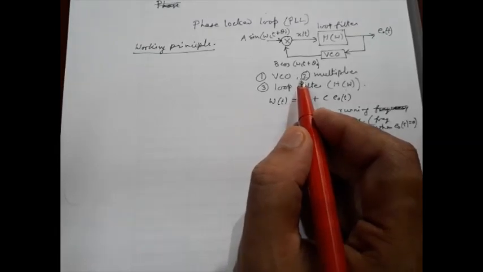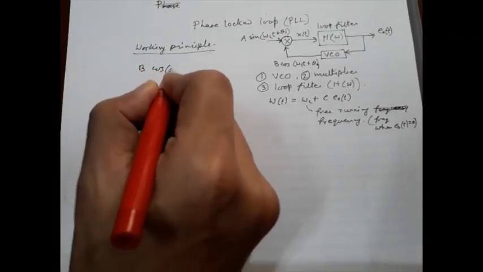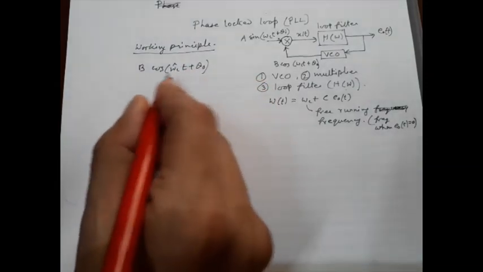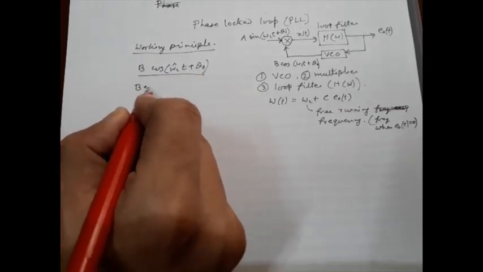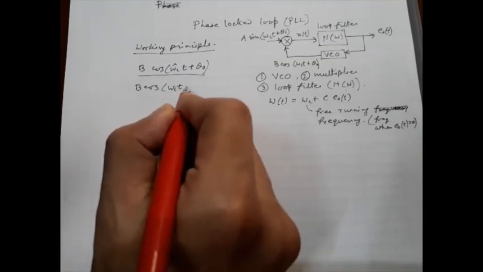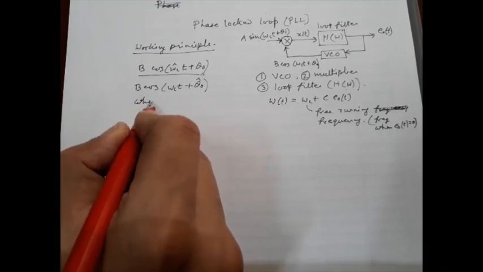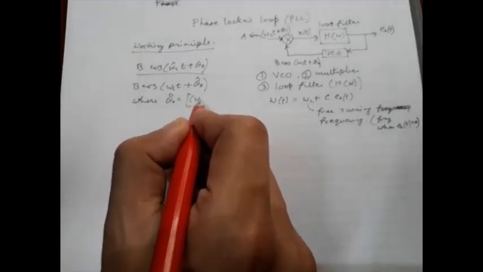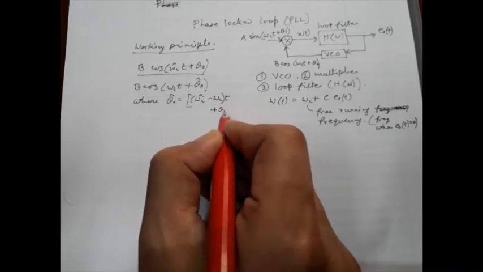If the VCO output is, say, B cos(omega c cap t plus theta 0), we can express this signal as B cos(omega c t plus theta 0 cap), where theta 0 cap equals (omega c cap minus omega c) t plus theta 0.